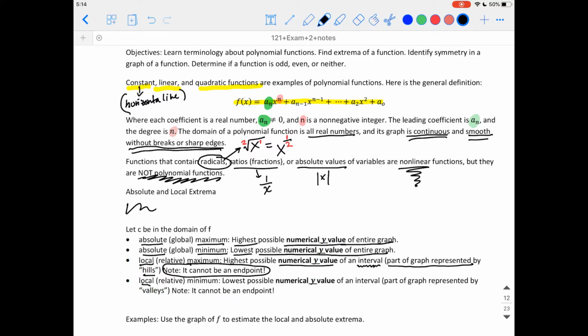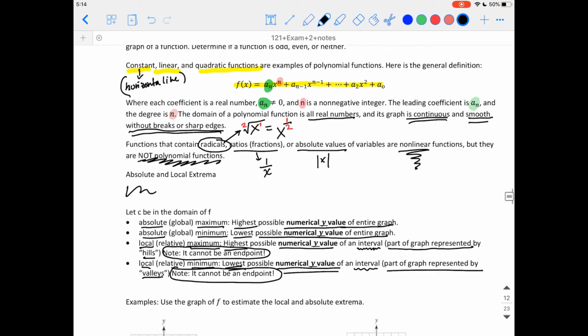Local or relative minimums are the lowest possible numerical y value of an interval, represented by valleys. And note, it cannot be endpoints as well.